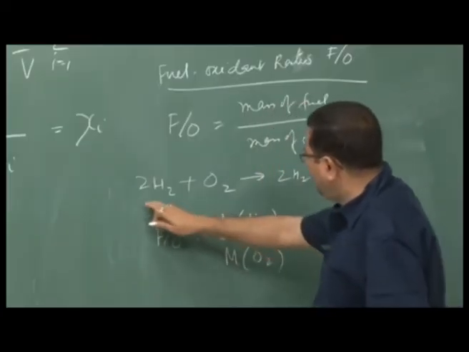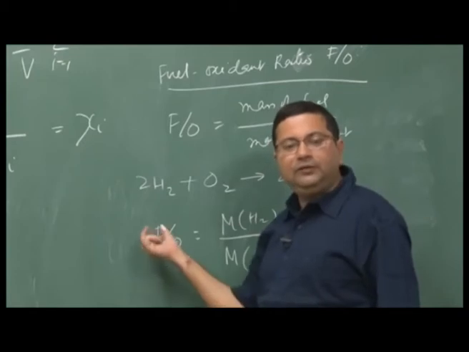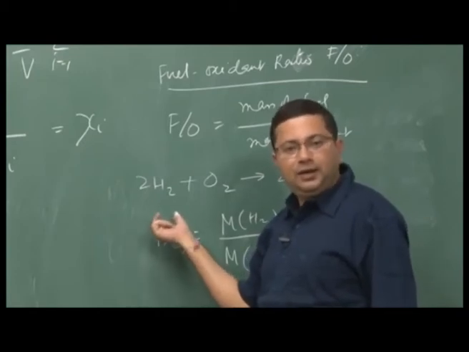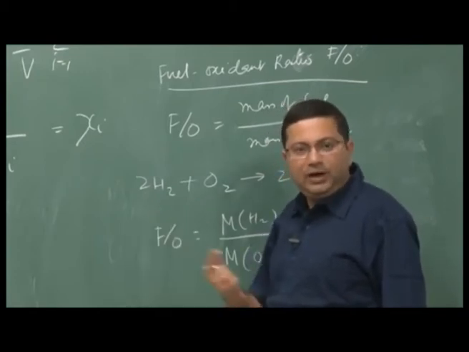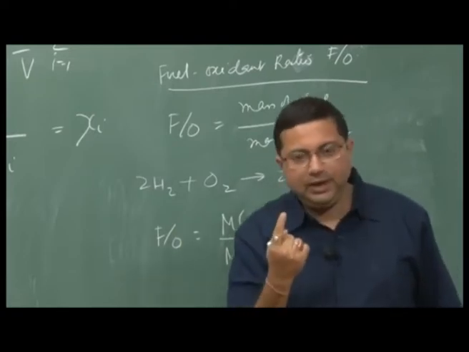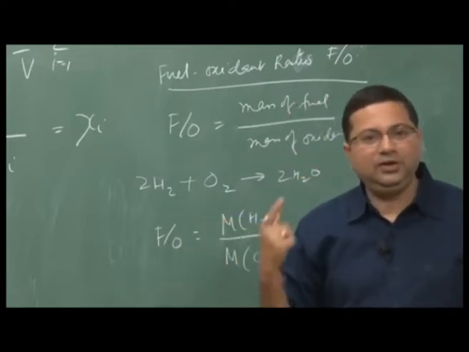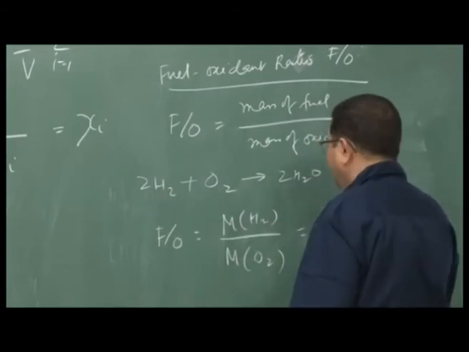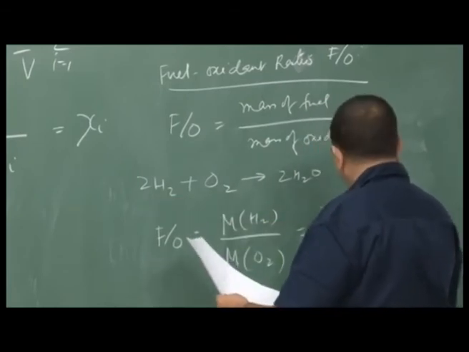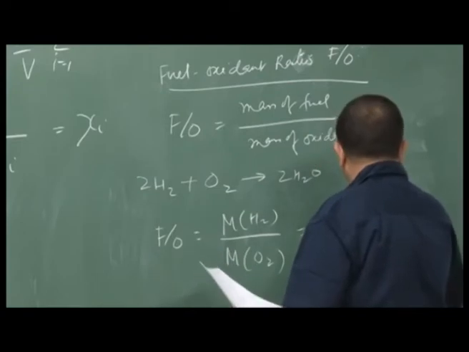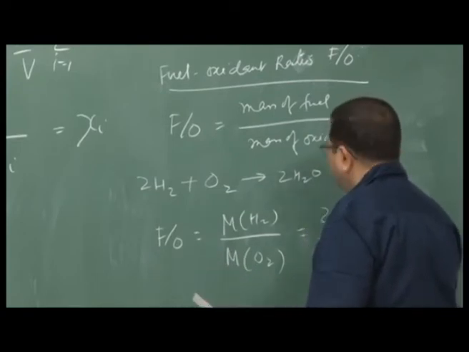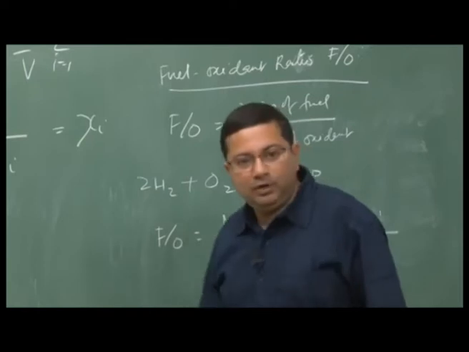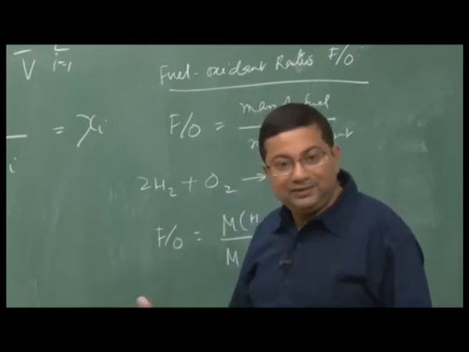So, how much mass of hydrogen do we have? We have 2 moles, and the molar mass of a hydrogen atom is 1 gram per mole. So, for 2 it is 2 grams, right. So, 2 into 2 into 1, divided by 2 into 2 into the atomic mass, the molar mass, of the oxygen atom, which is 16.